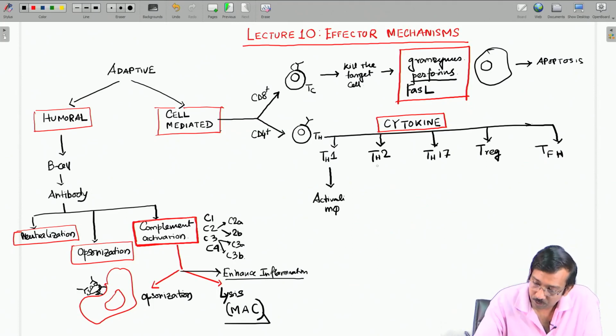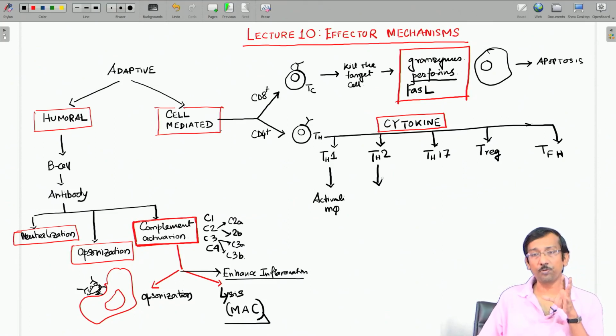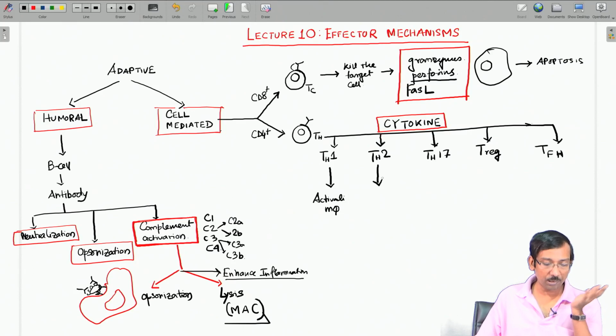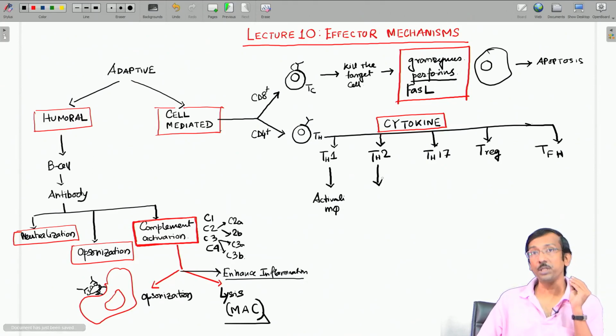The Th2 cells, the type 2 cells, also do a lot of functions. One of the major functions is of course to help B cell maturation, B cell activation, and the class switching of the antibody types.